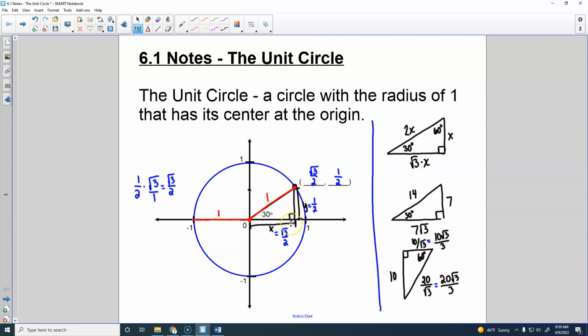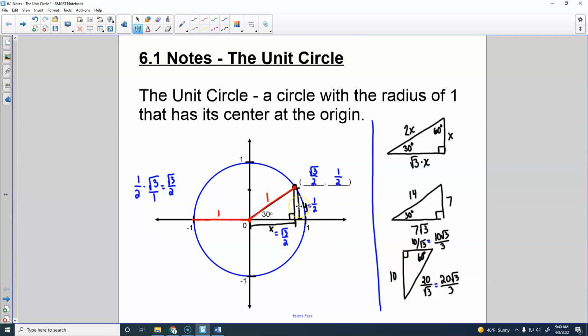It's going to be the x. Which one is longer, square root of 3 over 2 or 1/2? The square root of 3 over 2, right? So at this point, your x should be longer than your y, so you'll have square root of 3 over 2 and 1/2, because you're going to notice numbers are going to be repeated a lot. So you're going to have very few to actually choose from when you're filling in your unit circle. So if you can remember that one's longer, you need the bigger number to come first there. That'll help you.